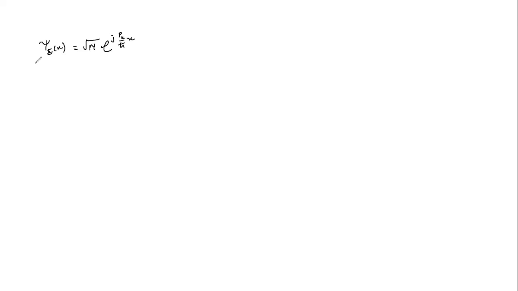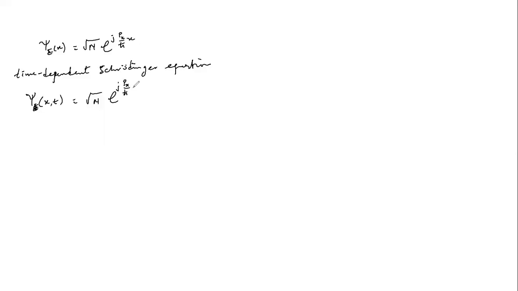Now the time-dependent Schrodinger equation can now be solved such that psi of x and t is related to x will now be square root of n e^(j p_x x over h cross) e^(-j E t over h cross).